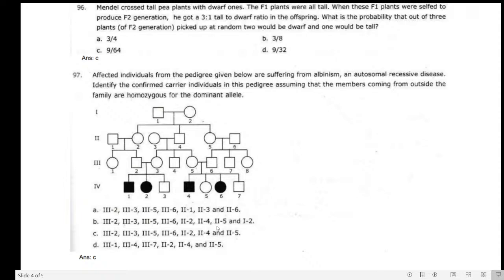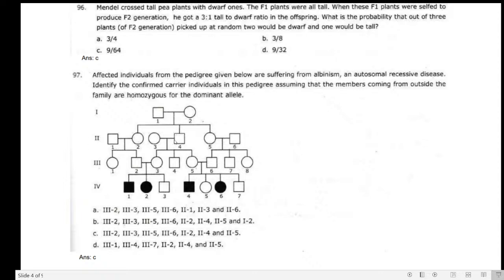What they asked in the question is to identify the confirmed carrier individuals in the pedigree, assuming that the members coming from outside the family are homozygous. Outside means you can find here, in this first generation, this person. The round is from the family, the square is from outside the family, and in this second generation the daughter married an outside person.